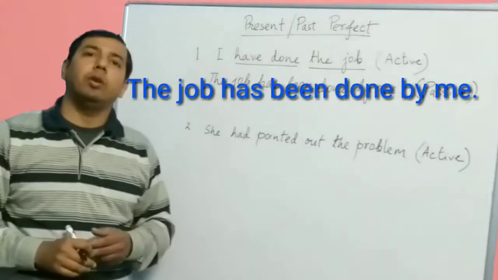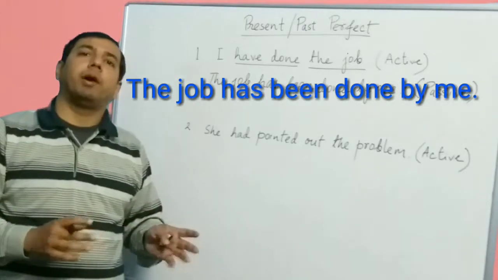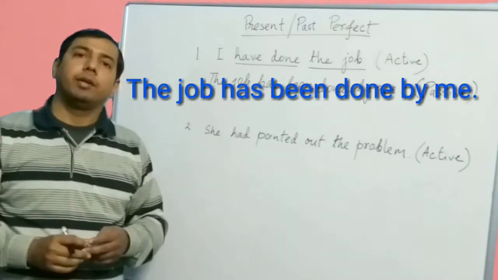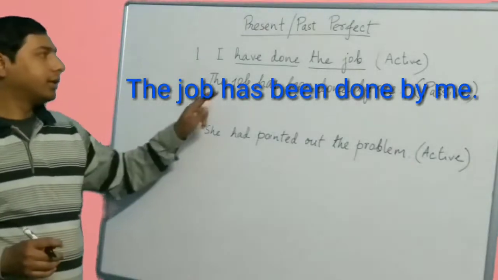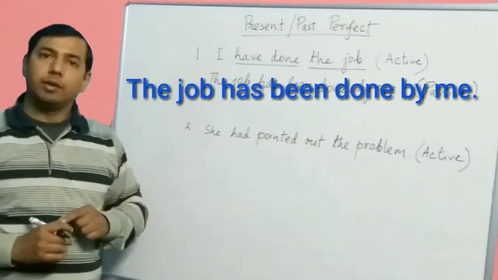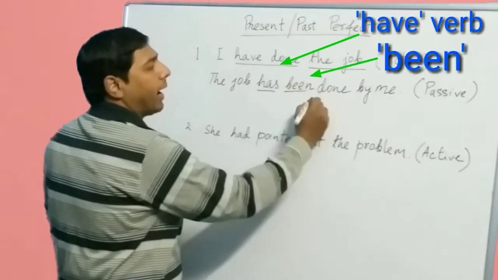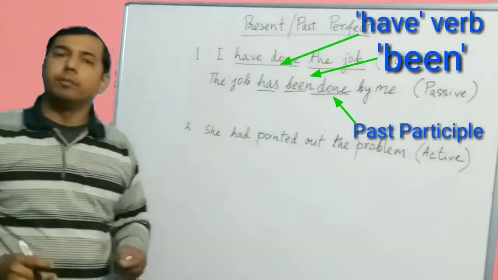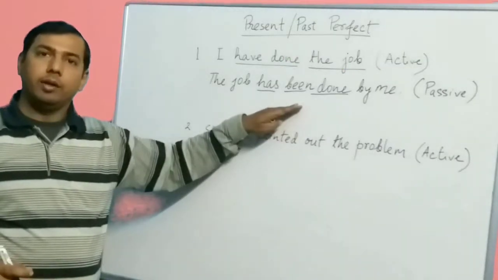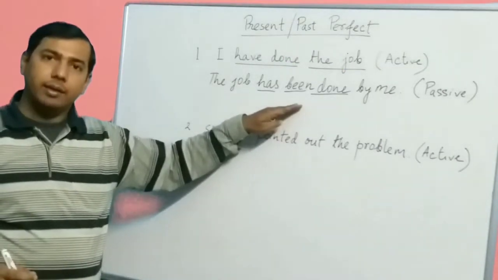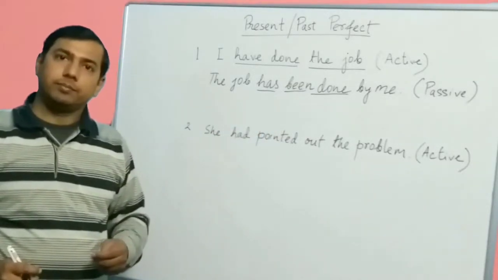So this is the rule of changing any perfect form, present perfect, past perfect or future perfect, into passive voice. We have got our sentence, the job has been done by me. We have the have verb, the been and the past participle form of the verb. Together they make the verb phrase or the finite verb in the passive form in present perfect.